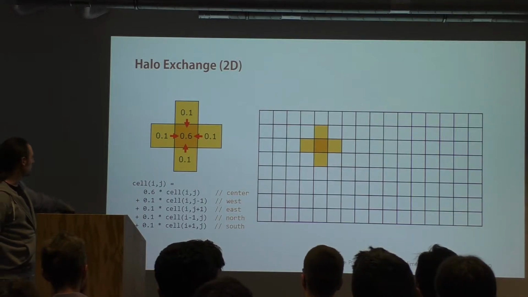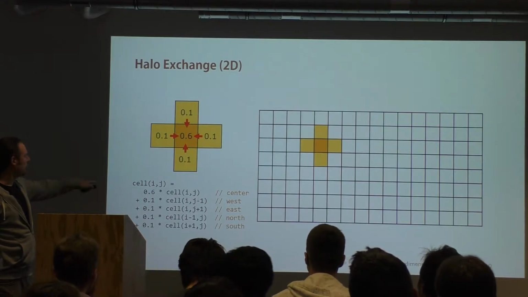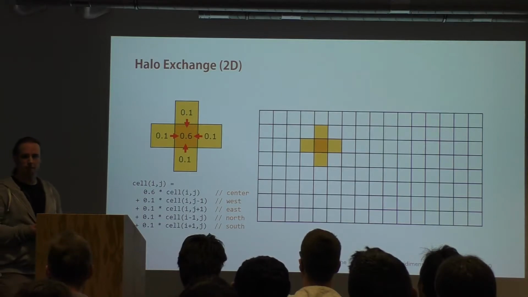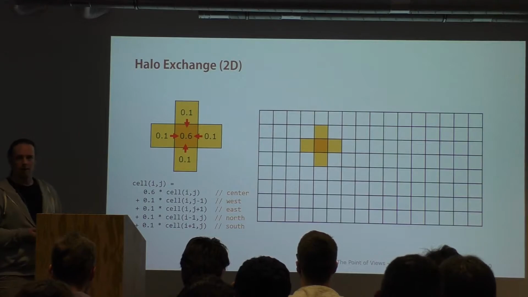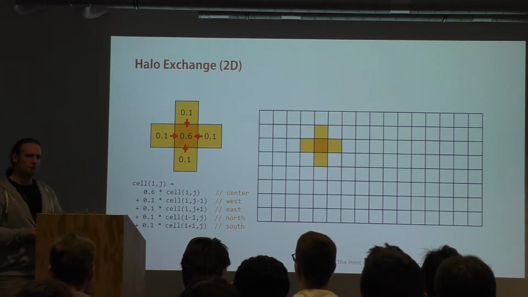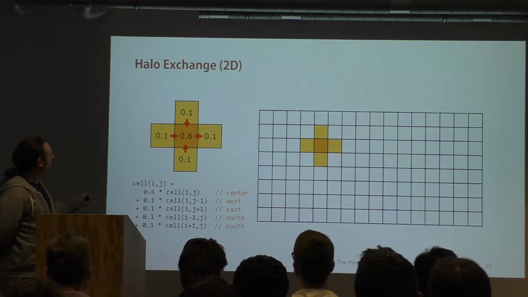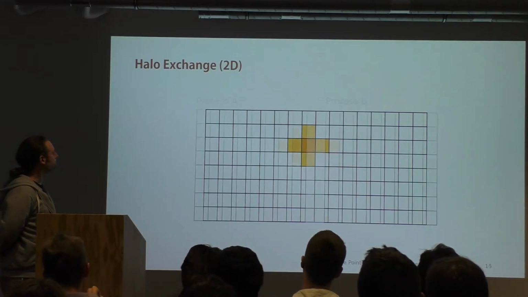And already here we see that there are index calculations involved that actually have meaning. So the cell at index ij is the current cell, this would be the center. ij minus 1 would be west. And already there you perhaps need some notes when you're programming just to see which is the first dimension again. And so you run this stencil for every single cell.